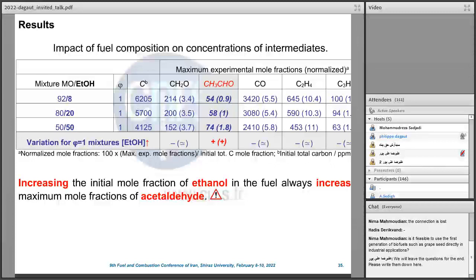At the same time, we also increase the maximum concentration of acetaldehyde during the oxidation of this fuel mixture. So increasing the initial mole fraction of ethanol in the fuel always increased the maximum mole fraction of acetaldehyde.